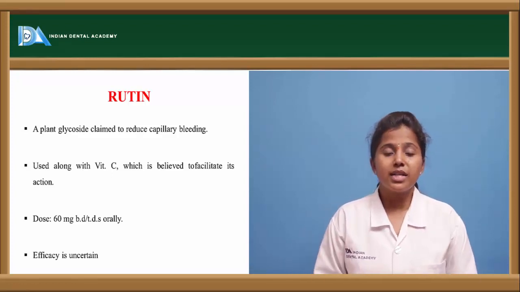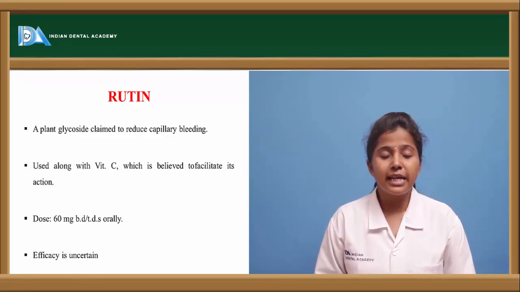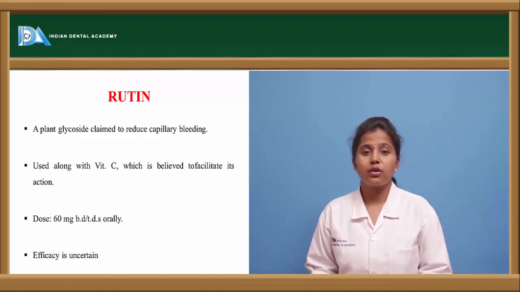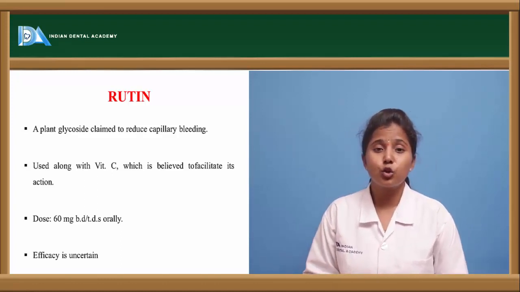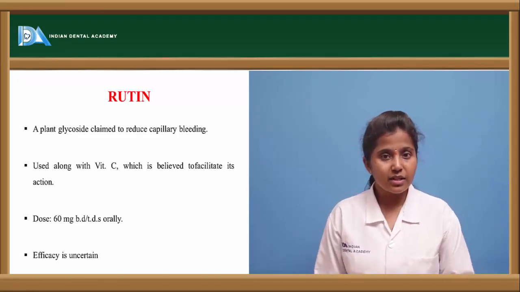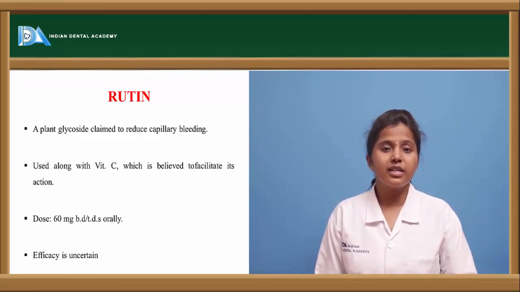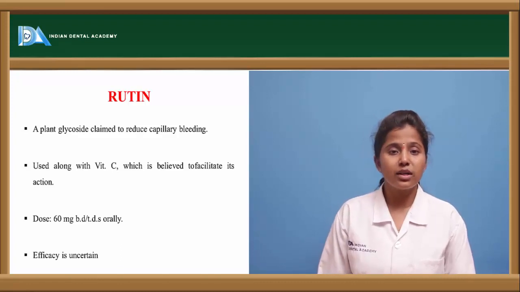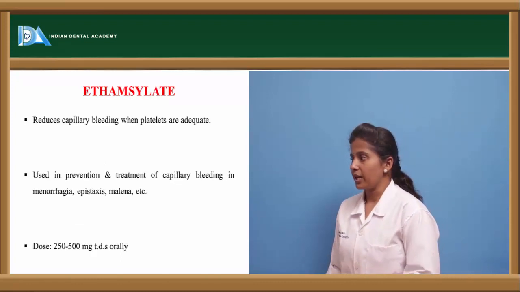In the sense, once it is administered, we can't predict the efficacy, or say whether the drug is showing its action immediately or not. Action is shown, but we can't say whether it is very efficient when compared to other coagulants.